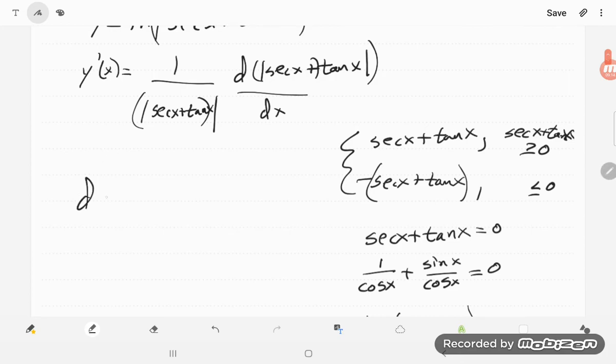But first, just to take up less room, I'm first going to take the derivative of secant x plus tangent x with respect to x, and that is, well, secant, if you look that up or derive it, that's secant x tangent x, and then plus the derivative of tangent, which is secant squared x.